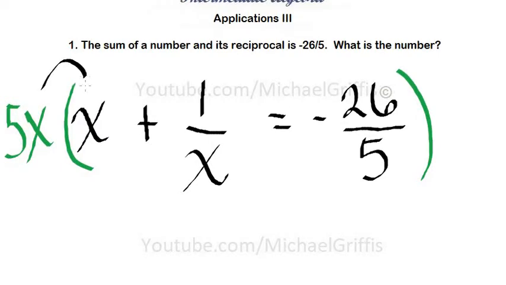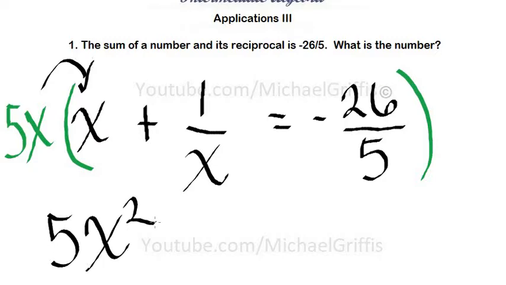So 5x times x will make 5x squared. All right. And then 5x times 1 over x, we'll just write it like this for right now.